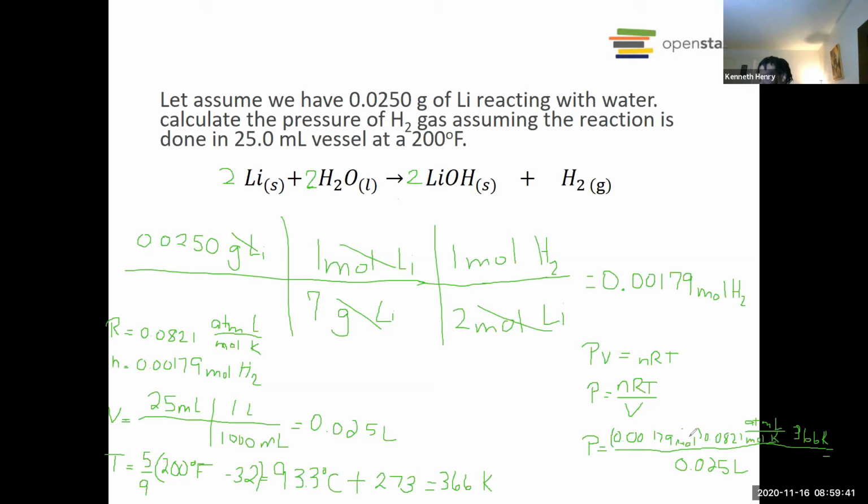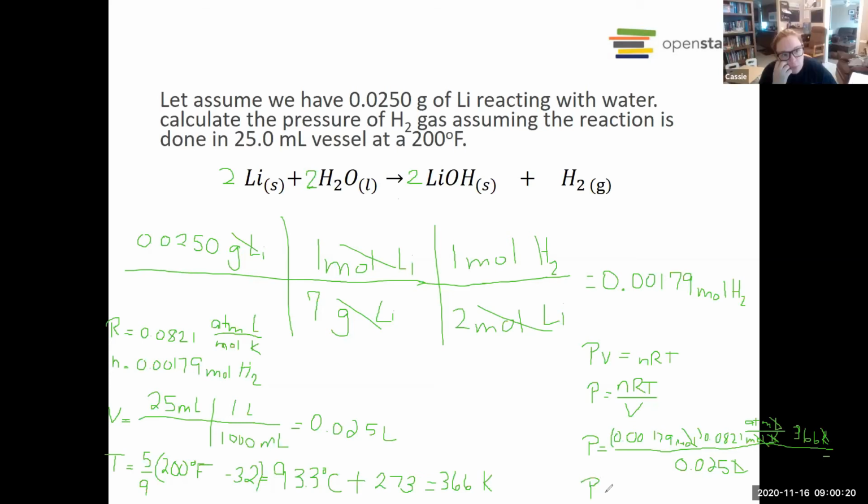Okay, if we pay attention to our units, moles are going to cancel, liters are going to cancel, and Kelvin's going to cancel. So, what do you guys get? 2.15.